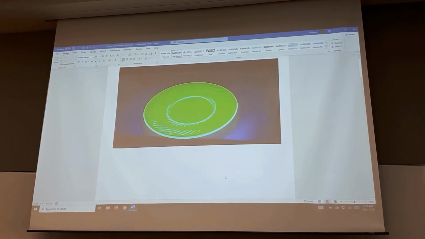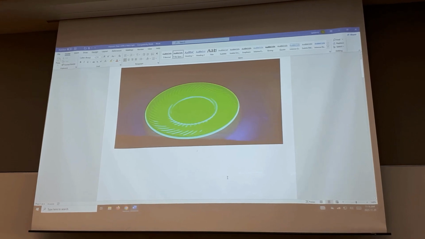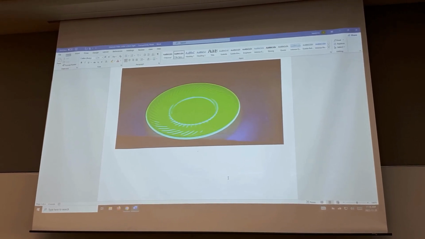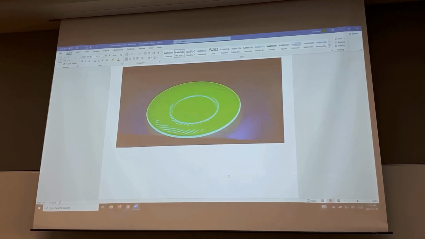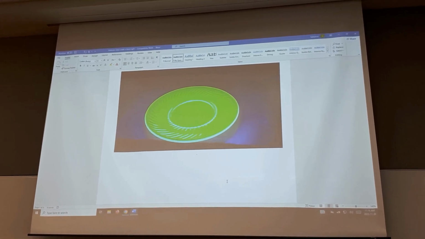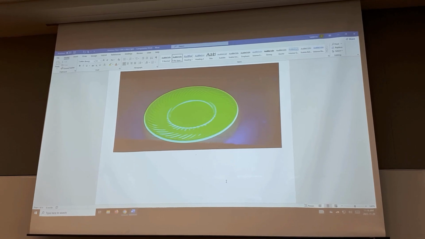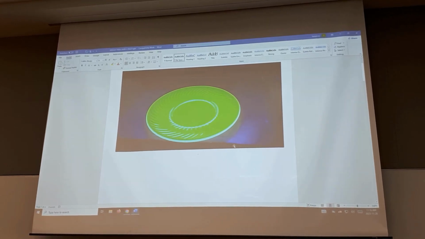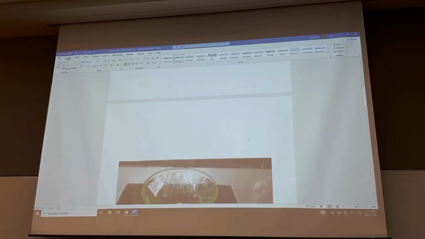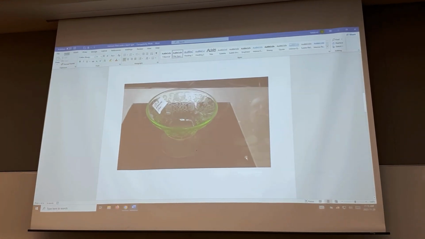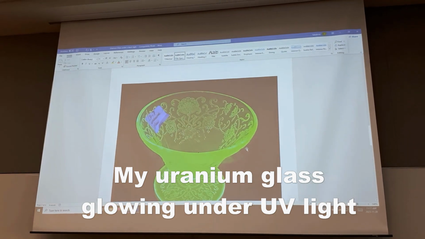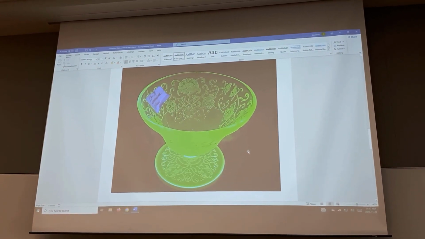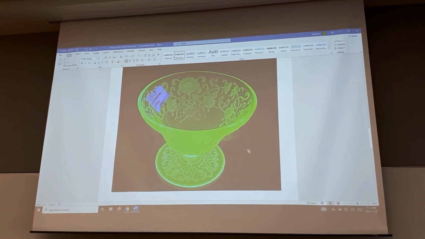And there it is, under a black light. I did a little more. That's the plate. Here's the glass. And this glass is exceptional under a black light. Look at the details on that one.